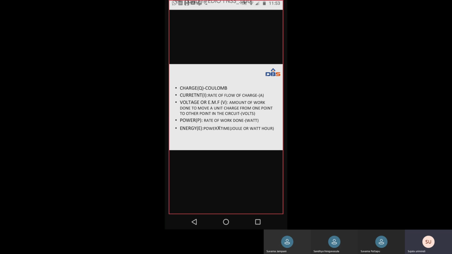Next, there are different definitions: charge, current, voltage, power, and energy. Charge is the quantity of electricity that flows in a given time.